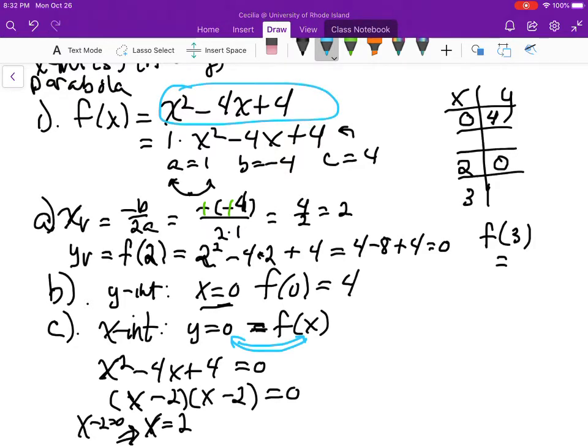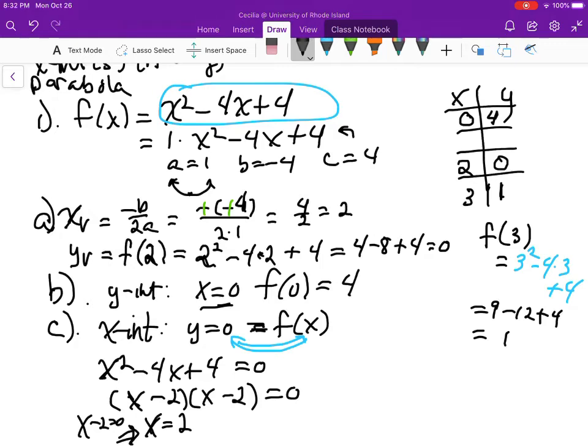So I get 3 squared minus 4 times 3 plus 4. And that equals 9 minus 12 plus 4. And that's going to give me 9 plus 4 is 13 minus 12 is 1. So at 3, I'm going to have a 1.